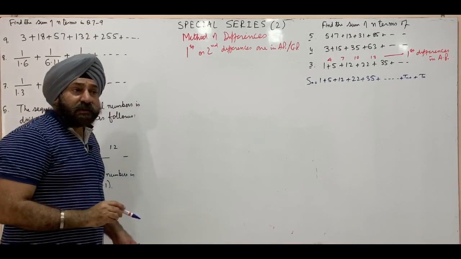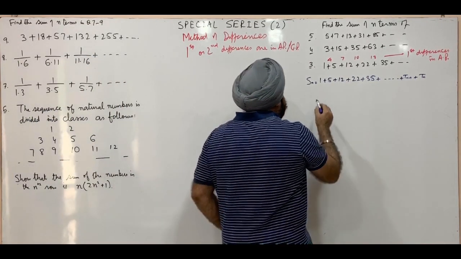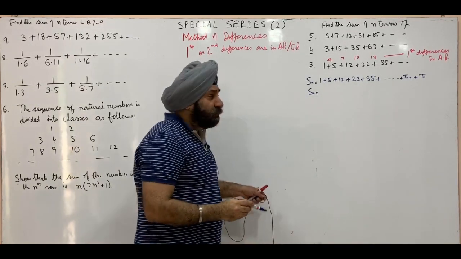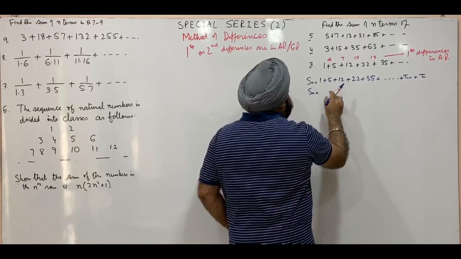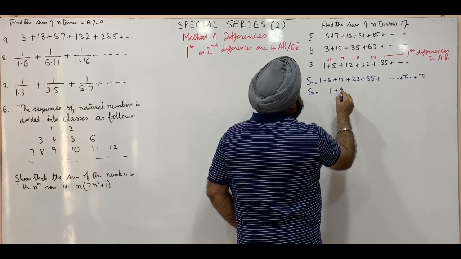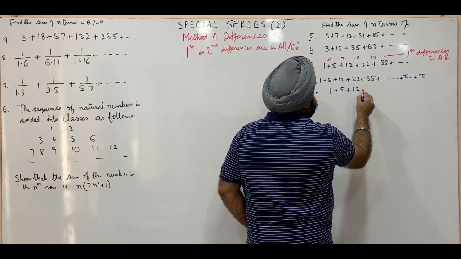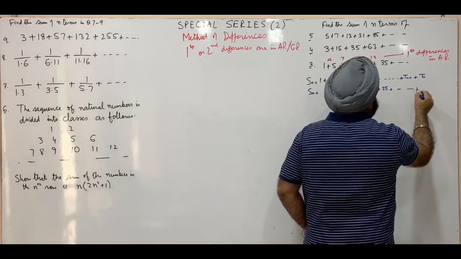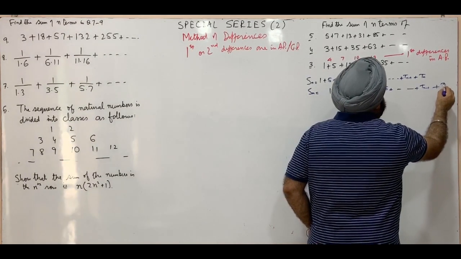This is the sum of n terms. We rewrite Sn, but we shift terms by 1. That is, I am writing 1 under 5, 5 under 12, this is 12, this is 22, this is 35 and so on. Tn minus 1 here and Tn will go.